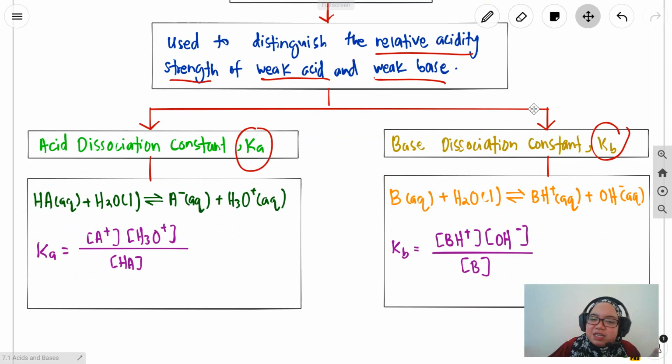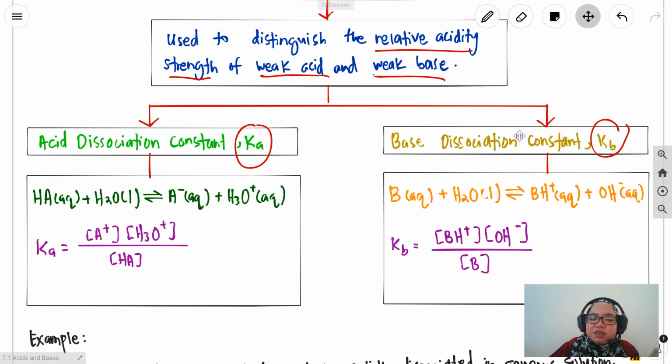Okay, so cara nak buat dia punya expression sama macam yang chapter 6 hari tu. We just use product over reactant. So kat sini kita tahu this is the product, right? So this is the reactant. But liquid kita tak involve kan sebab dia punya concentration remain unchanged.